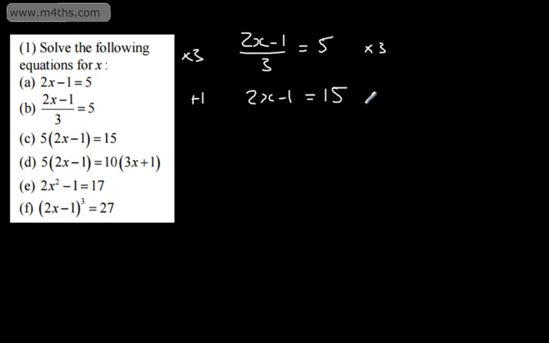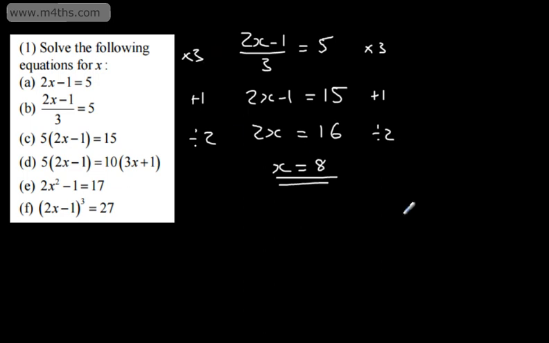I'm now going to add 1 to both sides of the equation, so 2x will be equal to 16. I'm now going to divide both sides of the equation by 2, and that's going to give me x is equal to 8. Remember, this equal sign means that we have to do the same to both sides to keep the equality, and that's why I'm writing it like so.